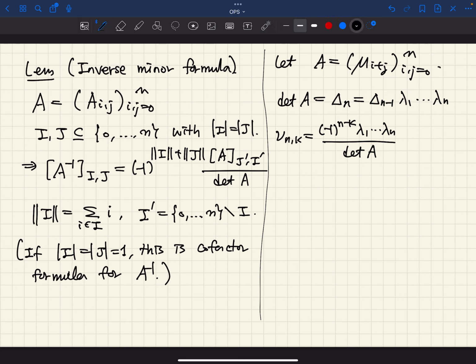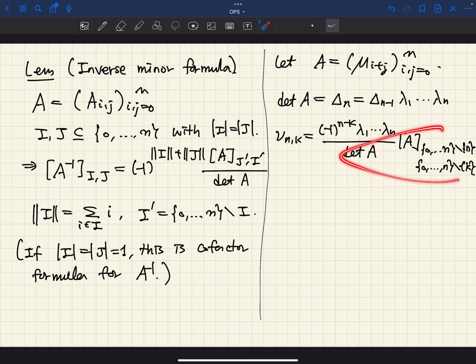And here, this matrix is really the finite Hankel matrix, with 0 up to n where we remove n, and 0 up to n where we remove k. This is exactly the theorem that we proved, stated in a different way. If you look at this part, it is exactly in this form, with I and J of size 1.